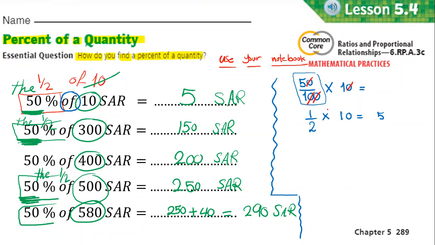Yes. So let us multiply the rest of the numbers: 5 multiply 1 equals 5 over 1. And 5 over 1 equals the same number, 5.